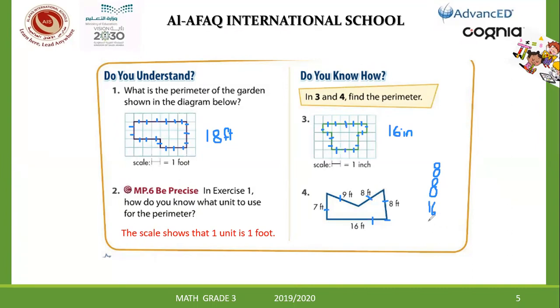Add all of them together to get the perimeter of the shape. 8 and 8 is 16, 16 and 16 is 32, 32 and 7 will be 39, 39 and 9 will be 48.